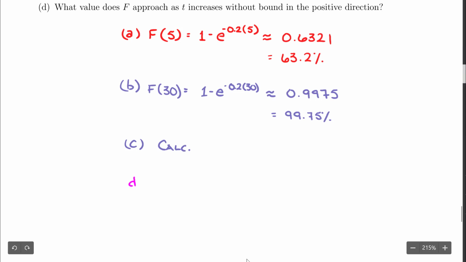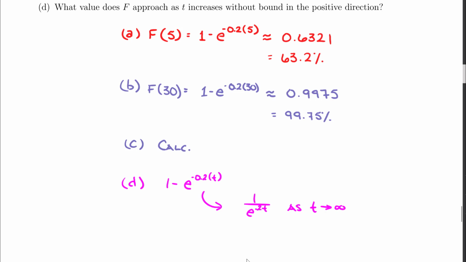For part D, if we're taking 1 minus e to the negative 0.2 t, we can rewrite that as 1 over e to the positive 0.2 t. So as t gets really, really big, as t goes to infinity, that denominator gets very large as well.